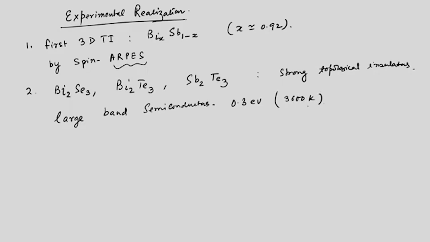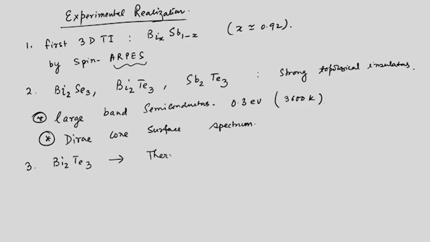And they have a Dirac cone surface spectrum. So at the surface there is a single Dirac cone or an odd number of Dirac cones, and Bi2Te3 is known to have applications in thermoelectricity, thermoelectric applications at room temperature.